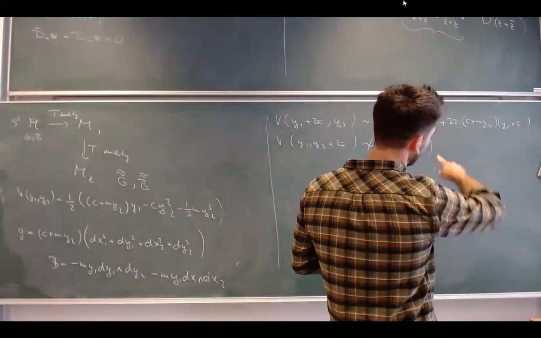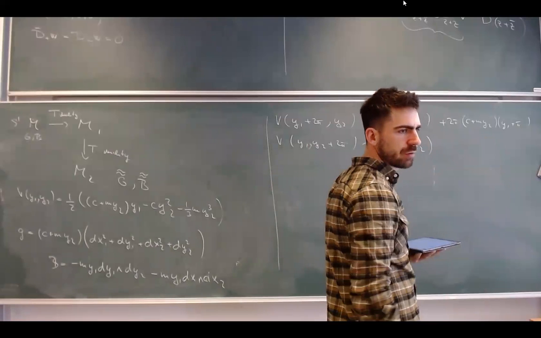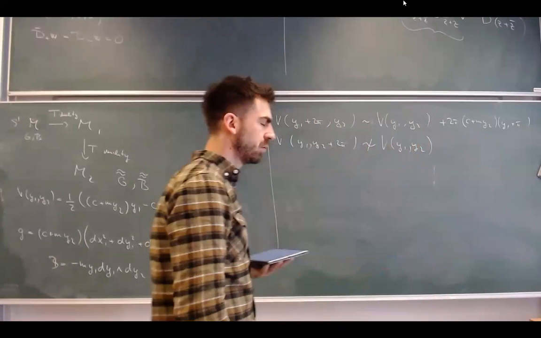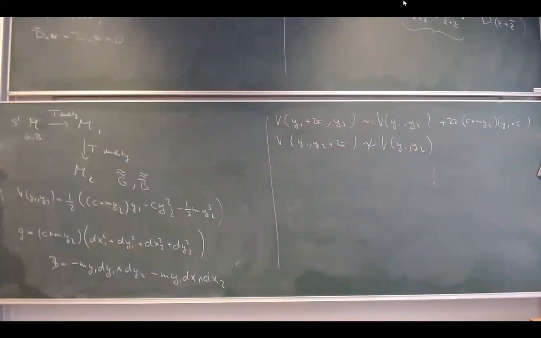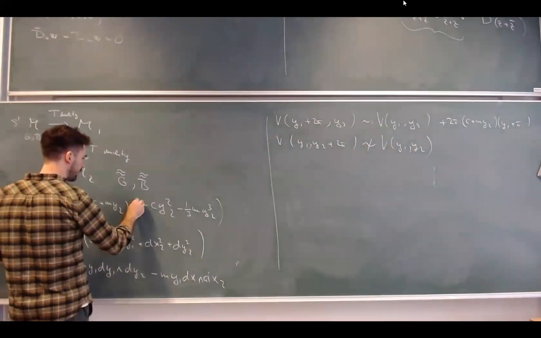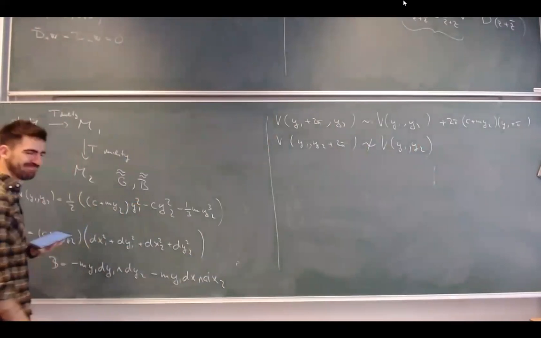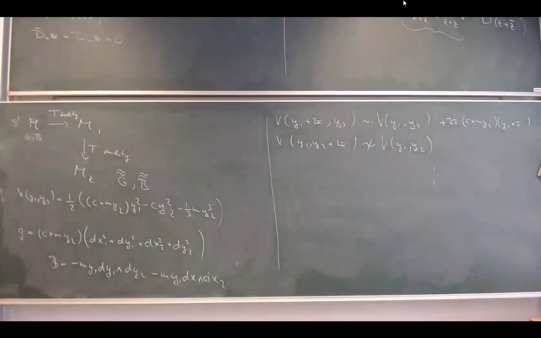But yeah, so this is not a color transformation, right? Look at your potential, and just shift Y1. So instead of Y1, you write Y1 plus 2 pi. Yeah, I made a mistake here. Sorry. Oh, okay, that's what I was asking from the beginning.